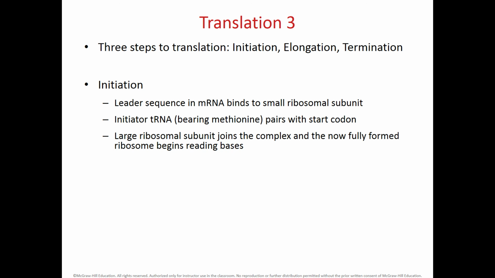Initiation happens at the leader sequence in the messenger RNA that binds to the small ribosomal subunit, and then the initiator tRNA brings methionine, and the large ribosomal subunit joins the complex, and now is fully engaged to start pulling this ribbon of messenger RNA.